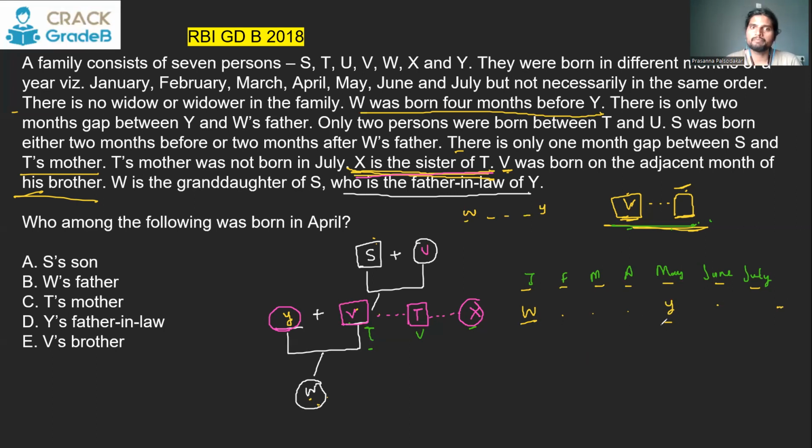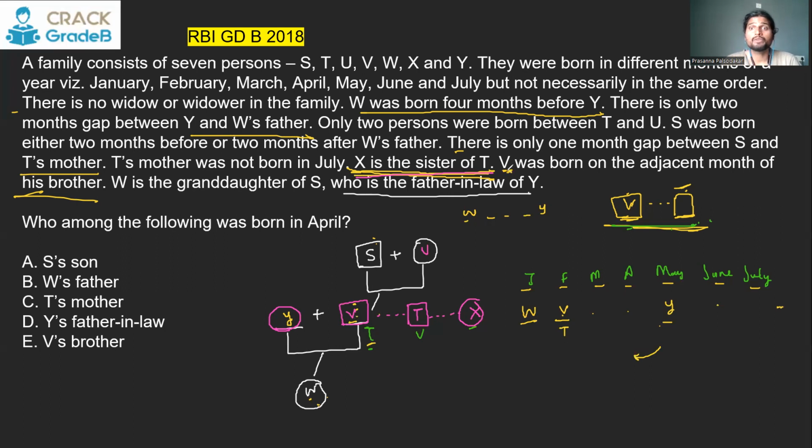That means the other person, this person, is the father of W. What it says here is there is only 2 months gap between Y and W's father. So W's father has to exist on this side of Y. So in the first case, this is V. So it is either V or T. We don't know exactly which person is this.